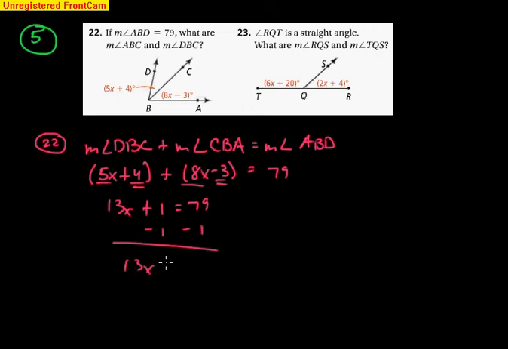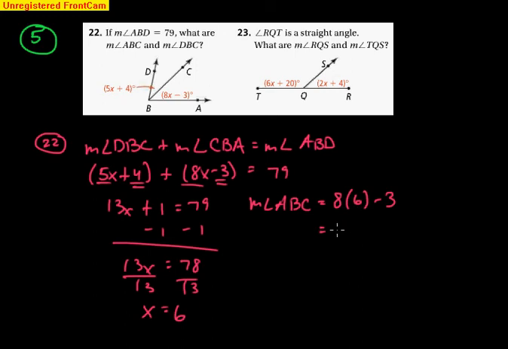Subtract 1. Divide by 13. X comes out to be 6. So there's x, but that's not what they wanted. They wanted the measure of angle ABC and DBC. So we plug it back in. The measure of angle ABC. ABC is 8 times 6 minus 3.